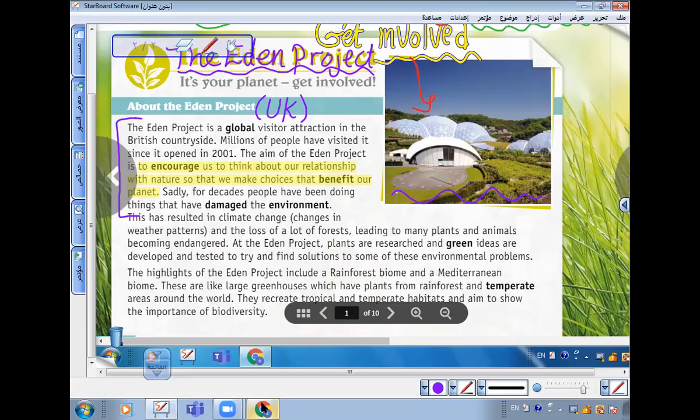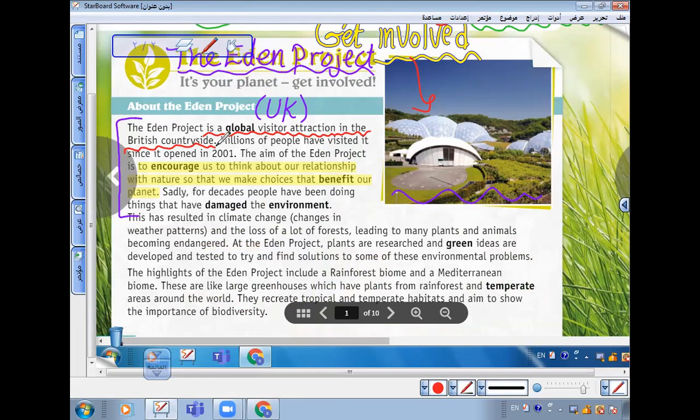Okay, now let's start to discuss the first paragraph. What do you know about Eden Project? Eden Project is a global visitor attraction in the British countryside. It is like a global point to attract visitors.